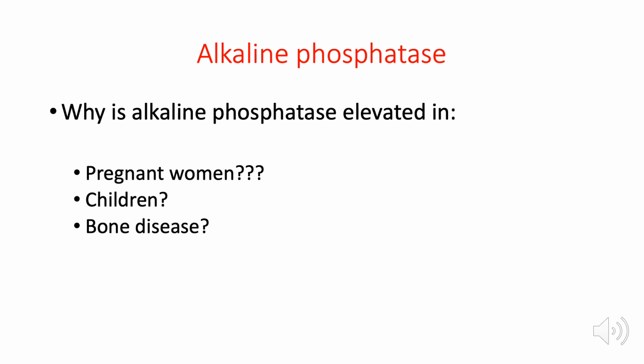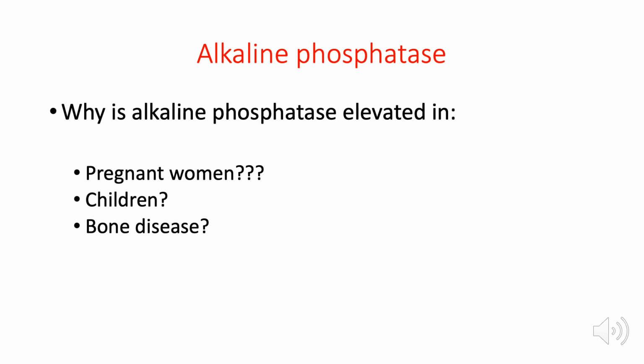Why do you think it is elevated in children? Because children are actively growing. Their bones are extending, and for their bones to extend, the osteoblasts will deposit bone matrix, and osteoblasts produce high amounts of alkaline phosphatase. Why do you think alkaline phosphatase is elevated in bone disease?